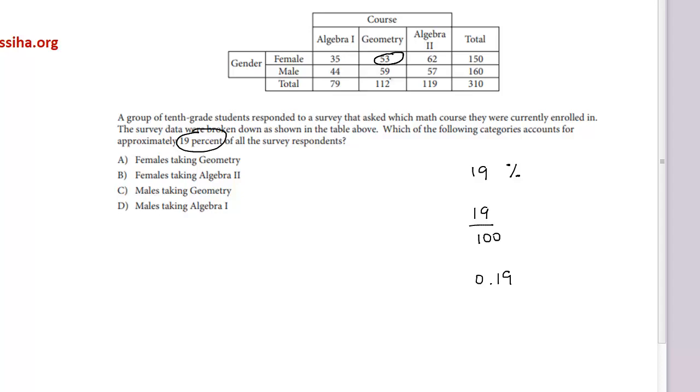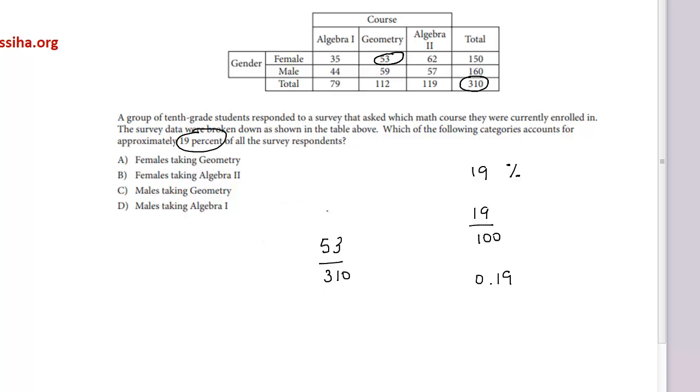Which of the following categories accounts for approximately 19% of all survey respondents? That means I need the total for all. So 53, I compare it with 310, because I am relating 19% of all the survey respondents.